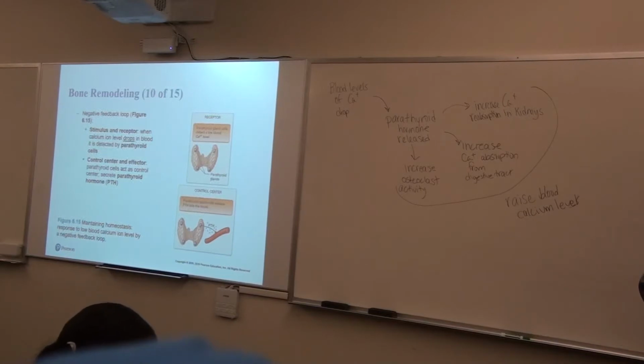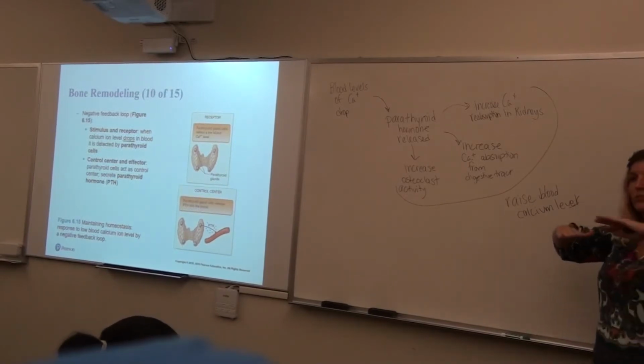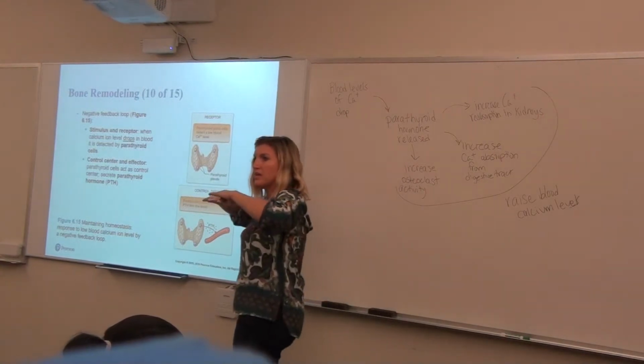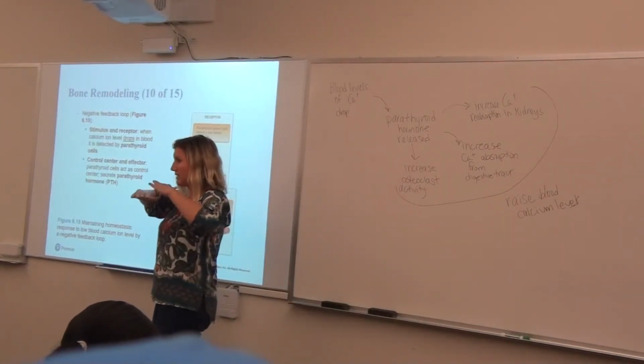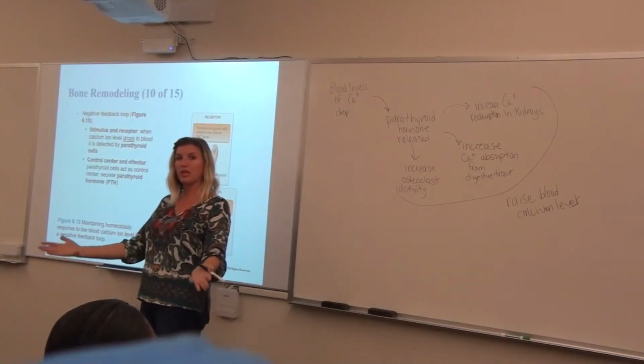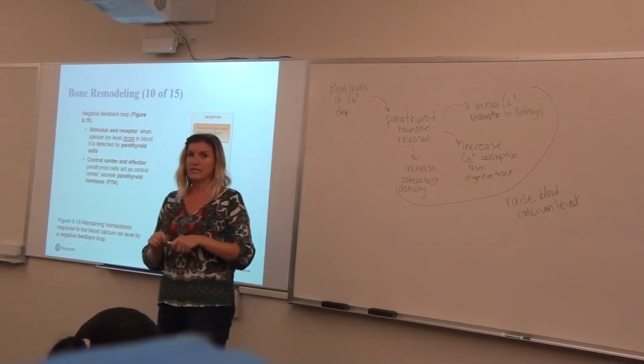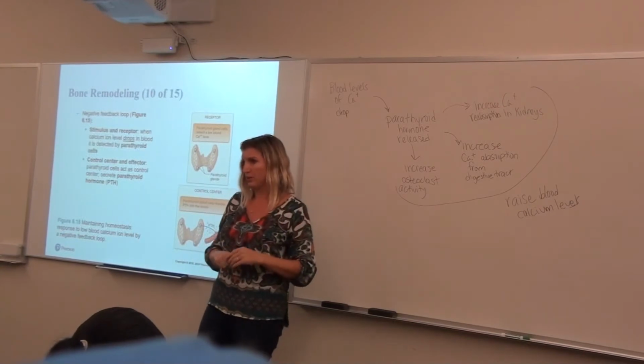Which is awesome. But sometimes our blood calcium levels get too high, right? And just like anything in homeostasis, we have to maintain equilibrium. We have to get back to that number, that concentration that your body likes to be at. So if your calcium levels get too high, we have to have a way of bringing them back down, right? Say you just drink a cup of milk.